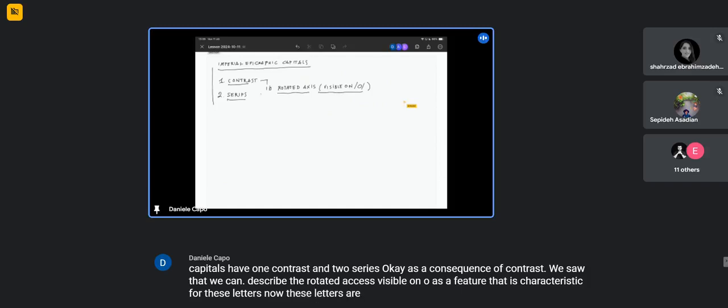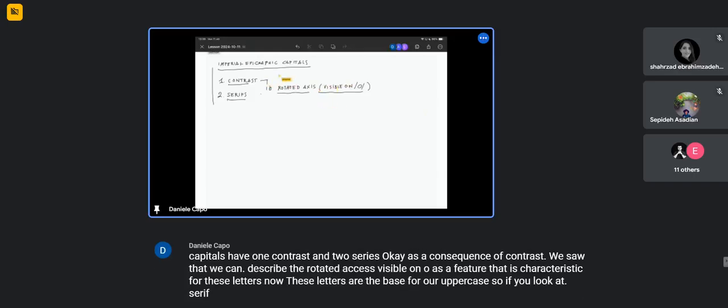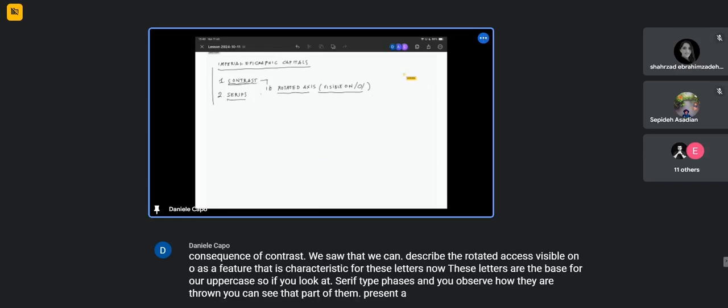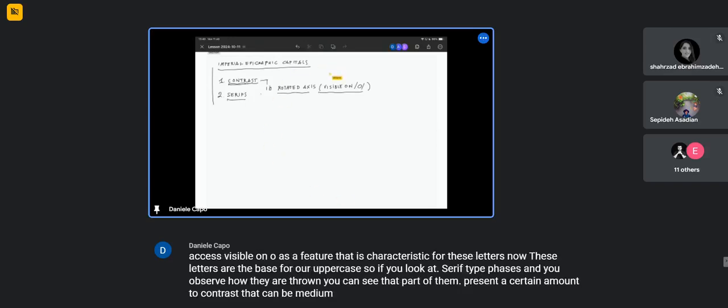Now, these letters are the base for our uppercase. So if you look at serif typefaces and you observe how they are drawn, you can see that part of them present a certain amount of contrast that can be medium or high or very high, and they show also the presence of serifs.